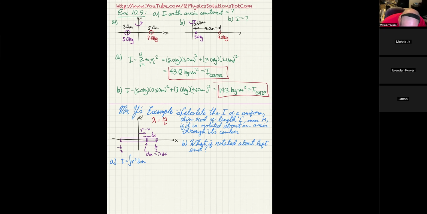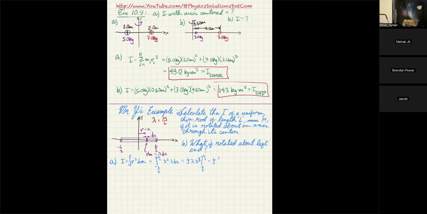So with that in mind, I'm going to say the integral from negative L over 2 to L over 2 of x squared lambda dx is equal to 1/3 lambda x cubed from negative L over 2 to L over 2, which is going to be 1/3.